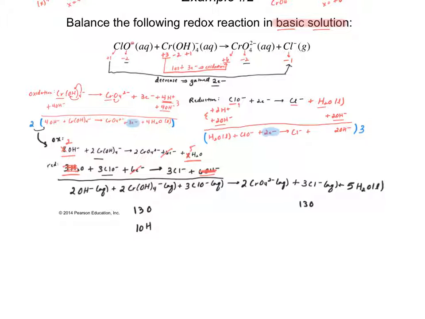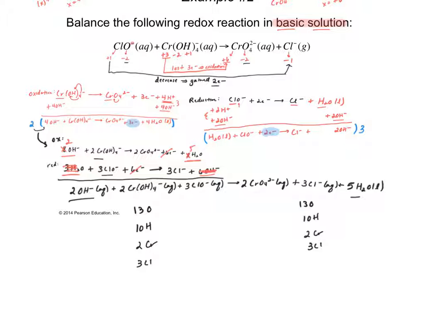I've got 2 chromiums, and I've got 3 chlorines on each side. So everything balances with respect to mass. There's no protons in here, so we know that we have done this in a basic solution. That is the big indicator behind the OH minus.